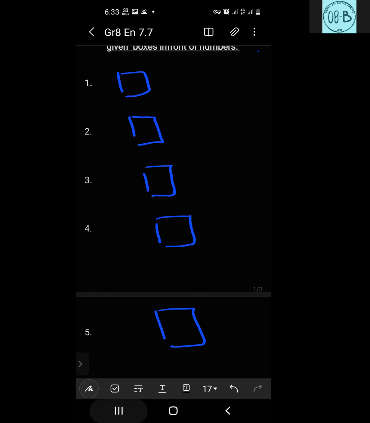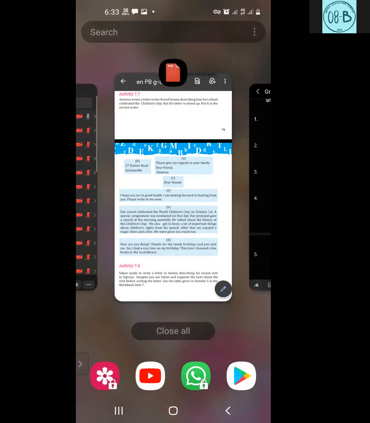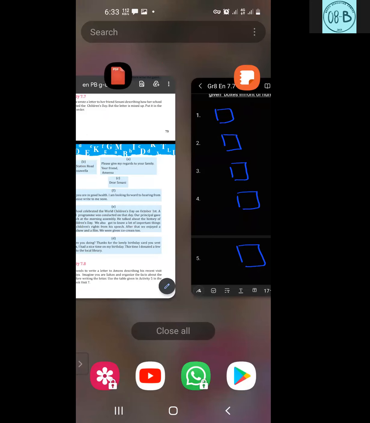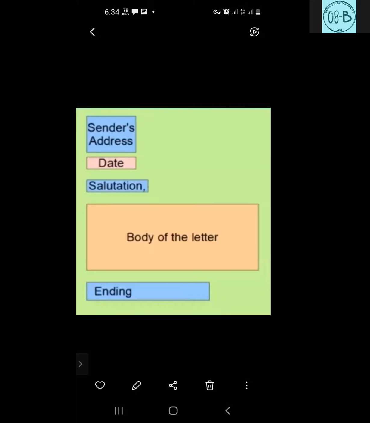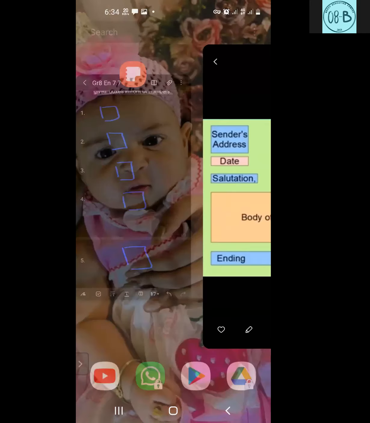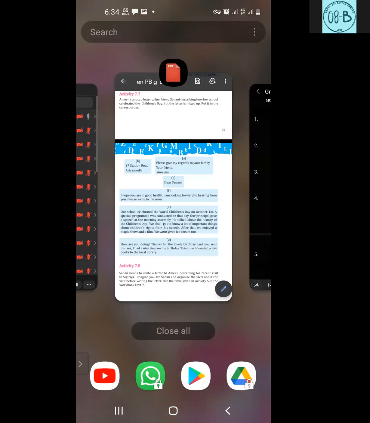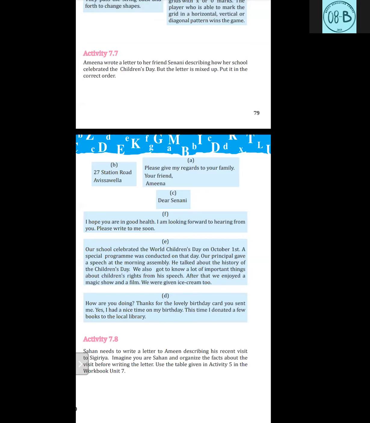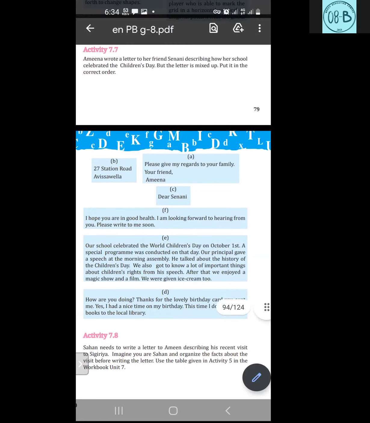D. Then the next one, E. After that, F. So F comes after the ending. Yes. Okay. So these are the things we have discussed so far.